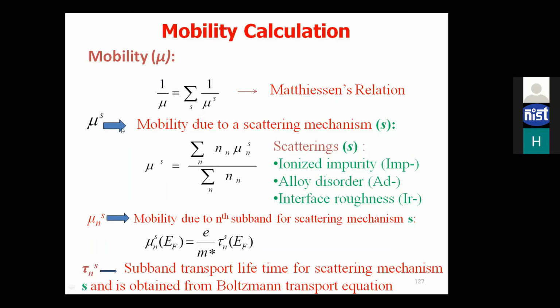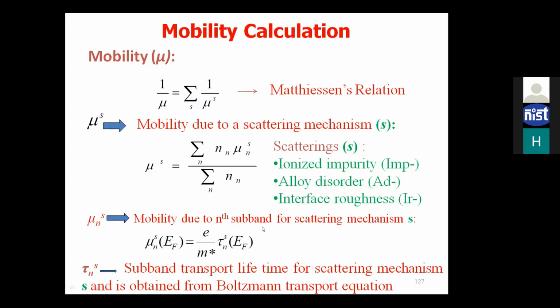That mu_S, which is the mobility due to a scattering mechanism, is equal to the summation over n of N_n mu_n(S) divided by the summation over n of N_n. That N_n is the number of states occupied, and this mu_n(S) means the mobility due to the nth subband.